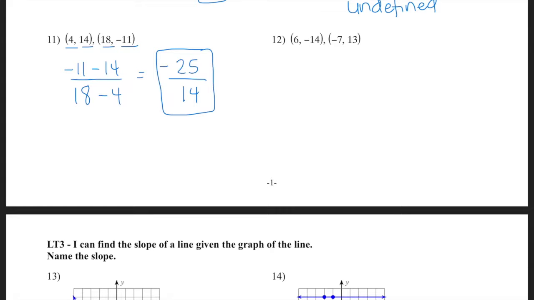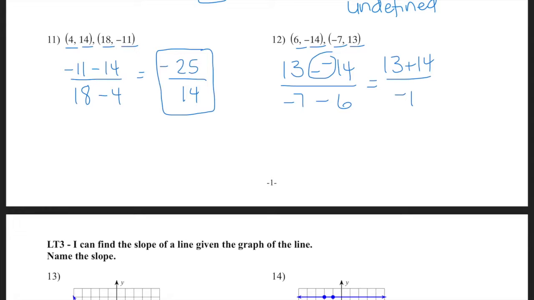And for number 12, here's y2 and y1, 13 minus -14, -7 and -6, -7 minus 6. This turns into a plus. This is going to be -13. This is going to be 27 over -13. Now, we cannot simplify this.